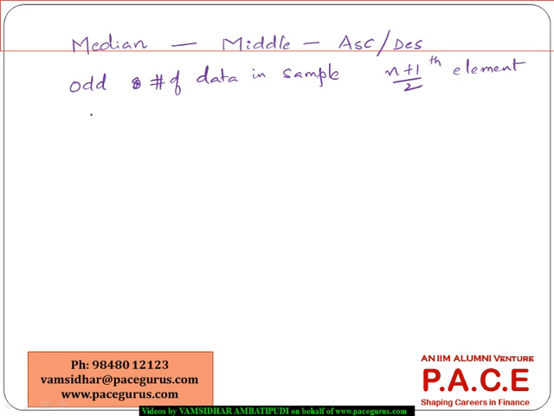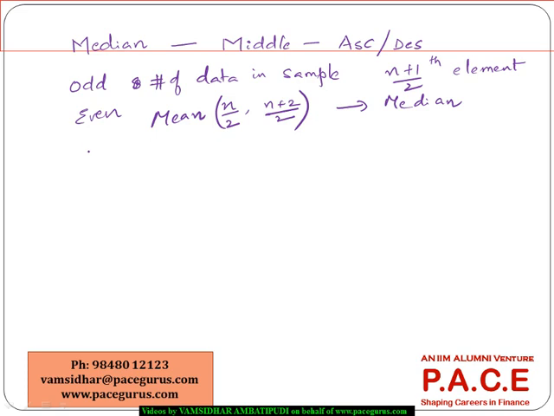But if there are an even number of observations, then n by 2 and (n plus 2) by 2th elements, both of them will be taken, and again a mean of these two elements will be taken, and that is what we call the median. So slightly complicated depending on the number of elements in the sample, whether it is odd or even. We see that the median calculation formula will typically differ, and median is generally called the middlemost element.